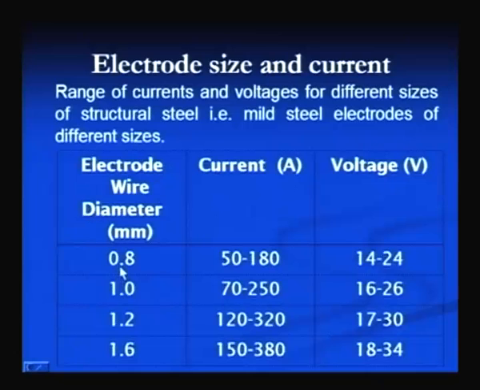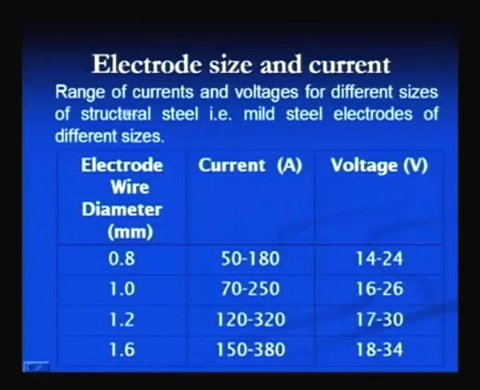For a small diameter electrode of 0.8 mm, current setting can be in the range of 50 to 180 ampere and voltage from 14 to 24. For 1 mm diameter it is 72 to 250 and 16 to 26 volts, and for 1.6 mm diameter it is 150 to 380 ampere and 18 to 34 volts.